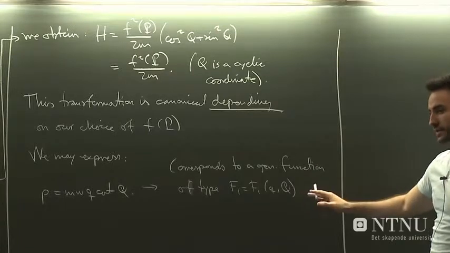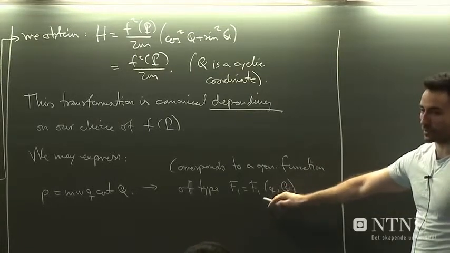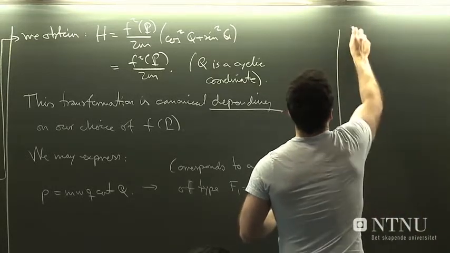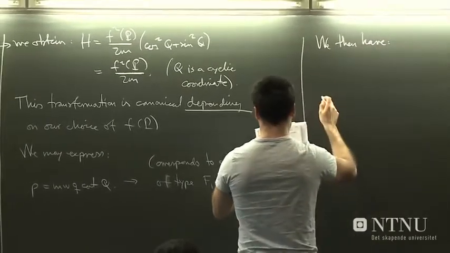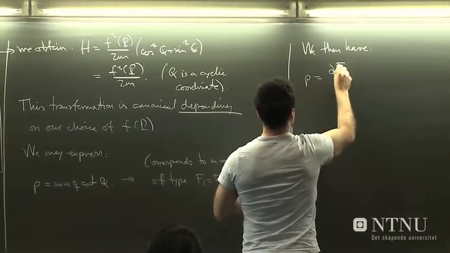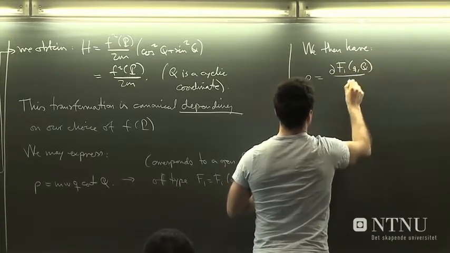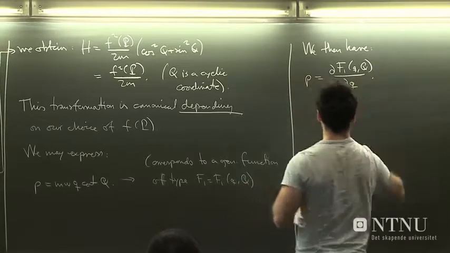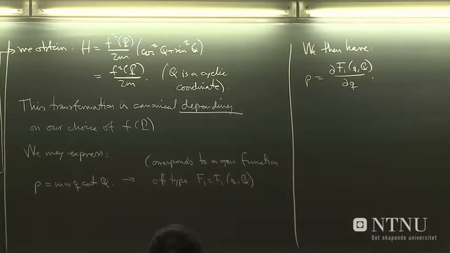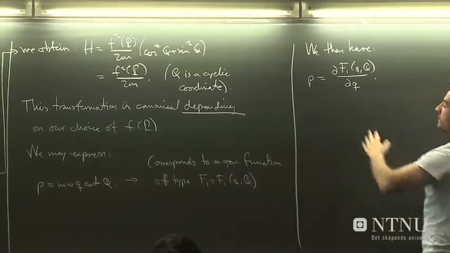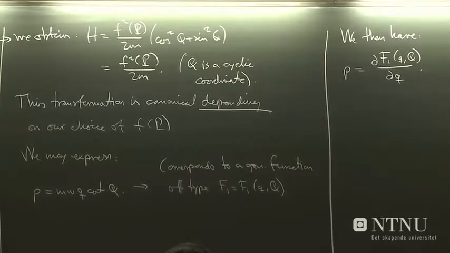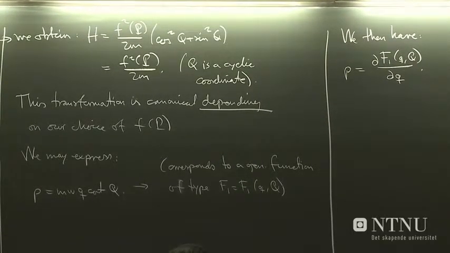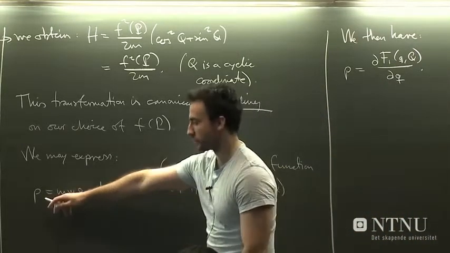Because if you consider the equations that we derived, in the case of f1, we had, for instance, this as one of the three defining equations for the canonical transformation. So we see here that the expression for small p has exactly this form.